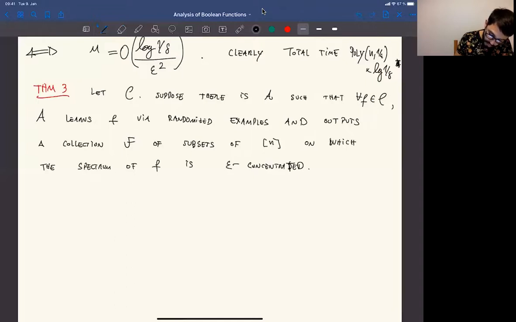And let me just recall what that means. That means that the sum of the squared Fourier coefficients for S not in the family is less or equal than epsilon. Okay.